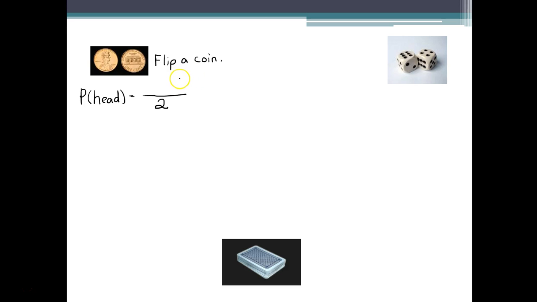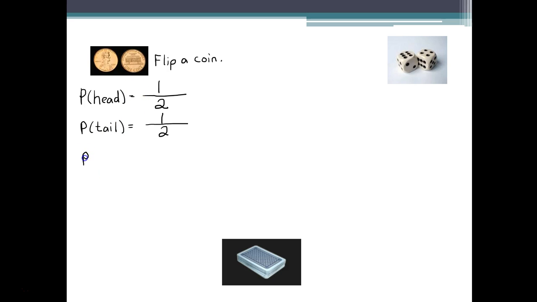And then the outcome favorable here is a head. And there's only one way to get a head when you flip the coin. The probability of getting a head when you flip a coin is 1/2. Probability of getting tail is similar, because again, you flip a coin, 2 possible outcomes, one of them is a tail. And that's it. That's the only 2 possible outcomes, heads or tails.